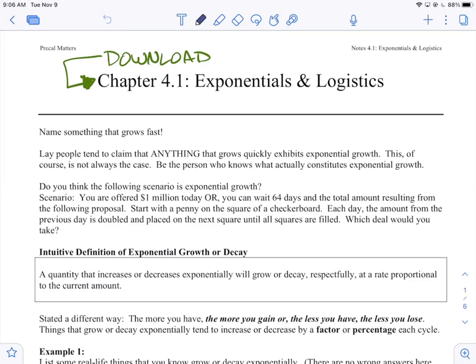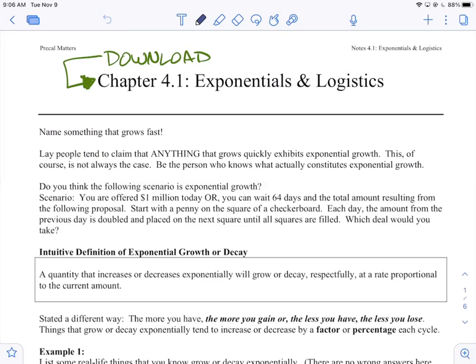So here is the intuitive idea of what actually constitutes true exponential growth. The quantity that increases, growth, or decreases, decay, we already said that. The quantity, whether it's hair... I've warned you before.